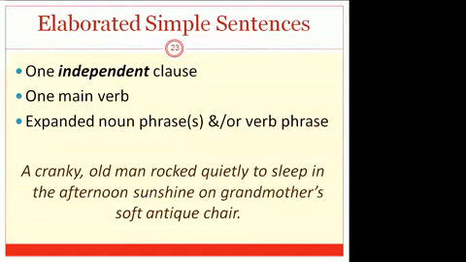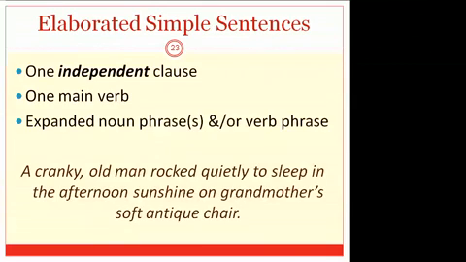Elaborated simple sentences, on the other hand, also have one independent clause. They also have one main verb. However, elaborated simple sentences have more expanded noun phrases and/or verb phrases.